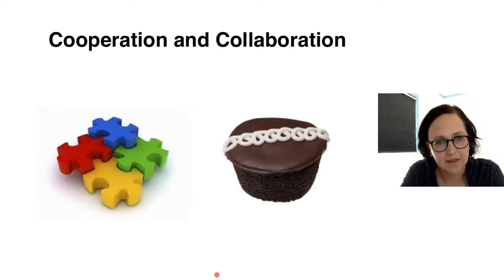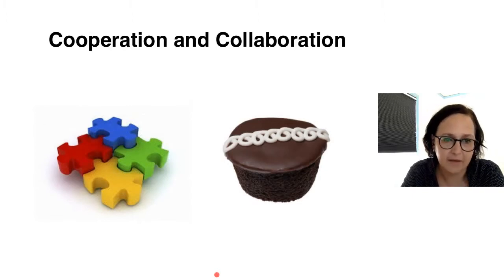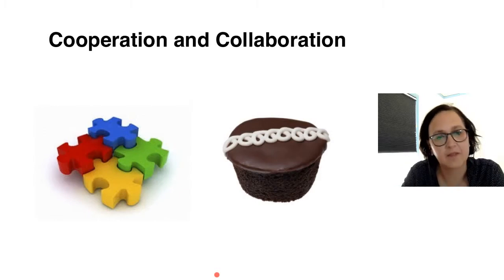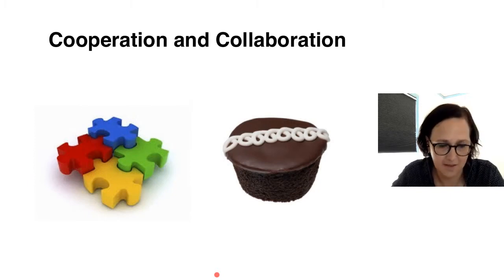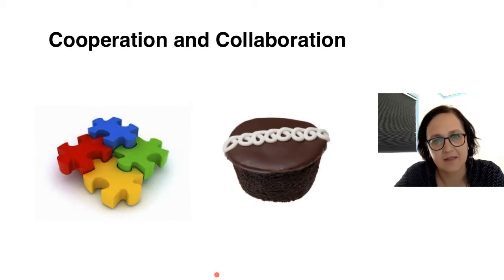So in cooperation, you have the puzzle idea. Basically, everybody contributes. You have, in the end, something which sticks together, which is a thing, actually. But you can distinguish the contributions, who did what. And in collaboration, it's the cake. Yeah, it's a piece of cake.